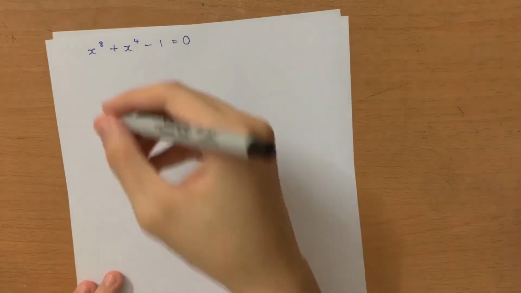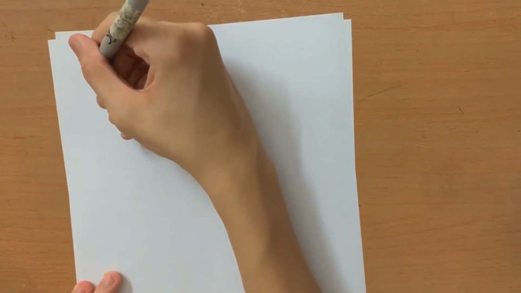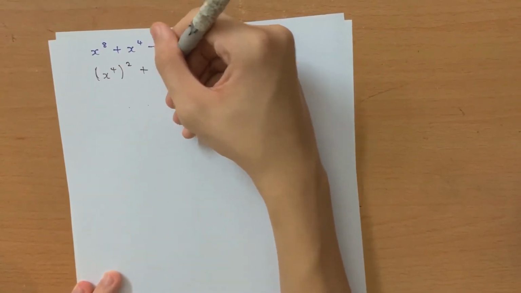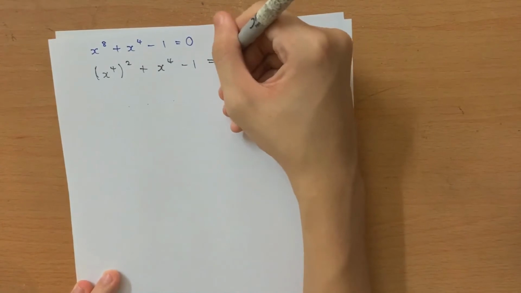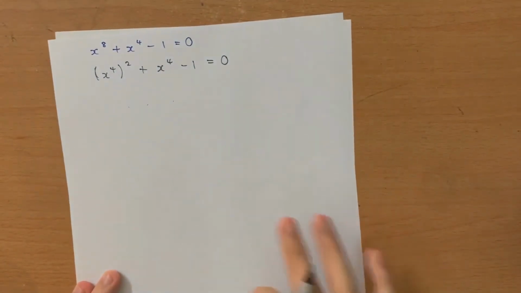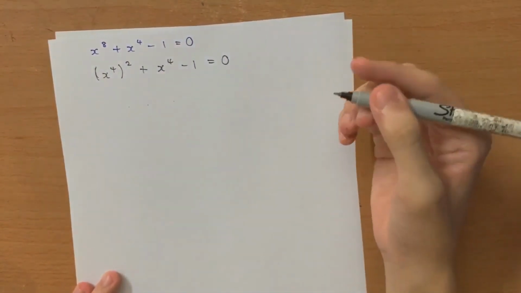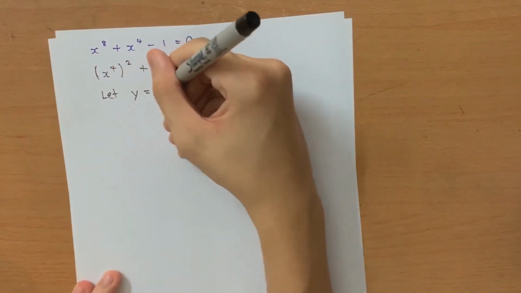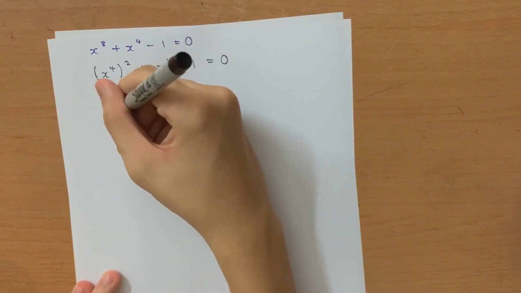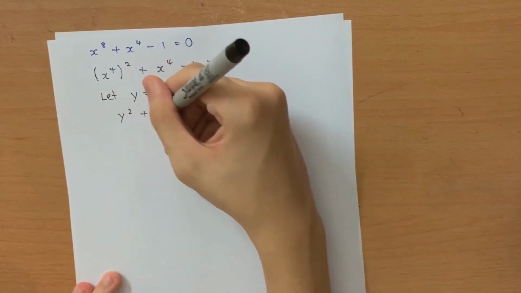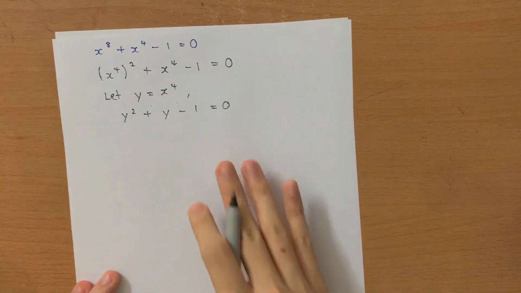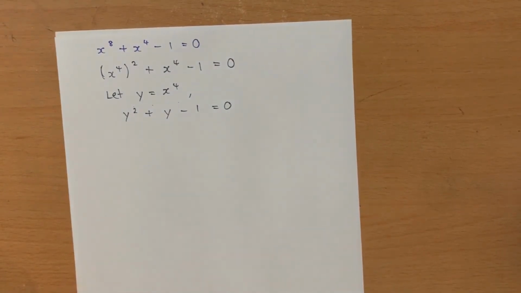So we can write it like that: x to the power of 4 squared plus x to the power of 4 minus 1 is equal to 0. And now you can see that it looks like a quadratic equation. So we are going to let y equal x to the power of 4, so that we make it into the familiar form we want to get, which is y squared plus y minus 1 equal to 0.